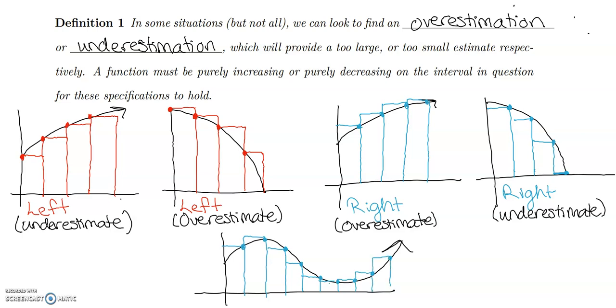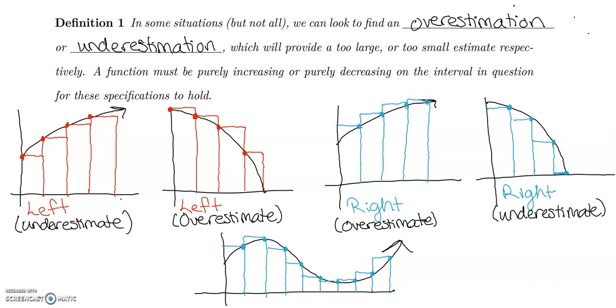So in this case, since the function is increasing in some pieces and decreasing in others, we can't say whether it's an overestimation or an underestimation, because some pieces overestimate and some underestimate.